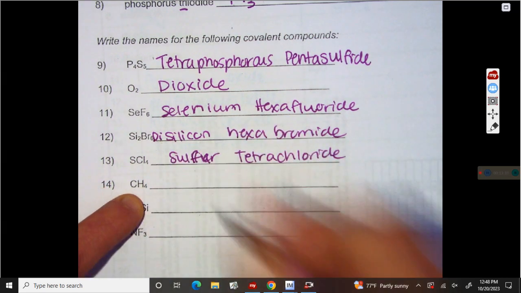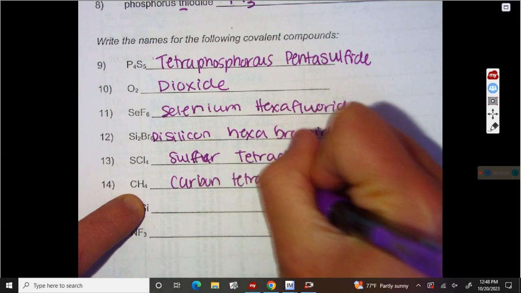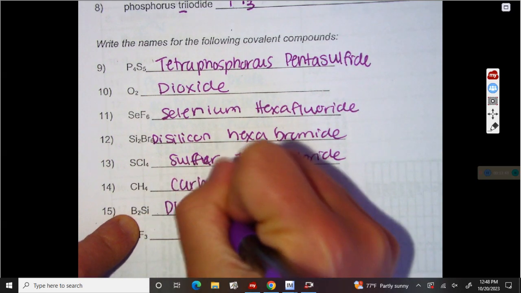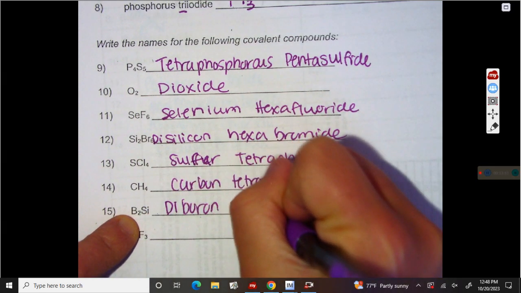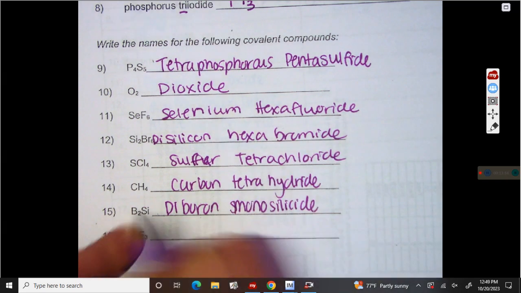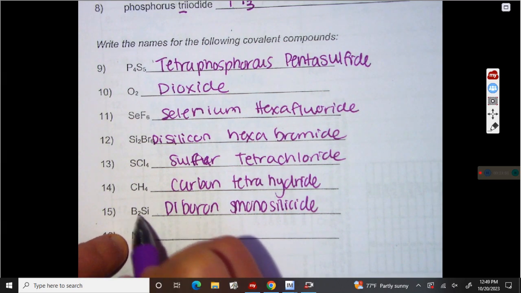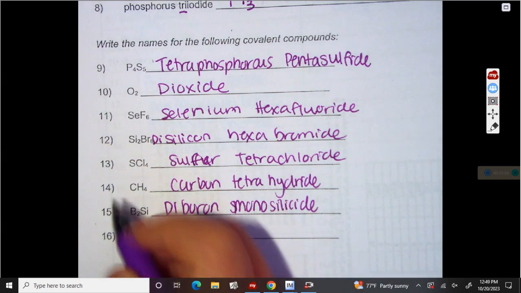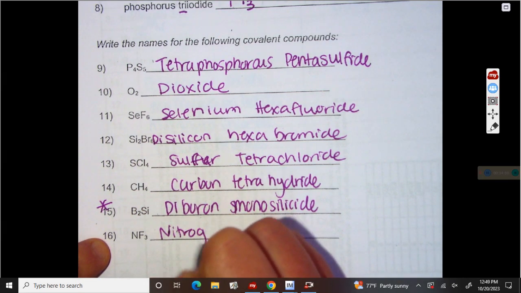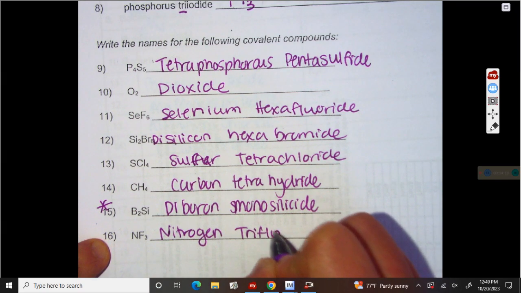This one, carbon and hydrogen, is carbon tetrahydride, diboron monosilicide, and there you will find this one is a metalloid, 2 metalloids, so a lot of times we'll call that boron silicide. We'll star this one and come back to that one. And then we've got nitrogen trifluoride.